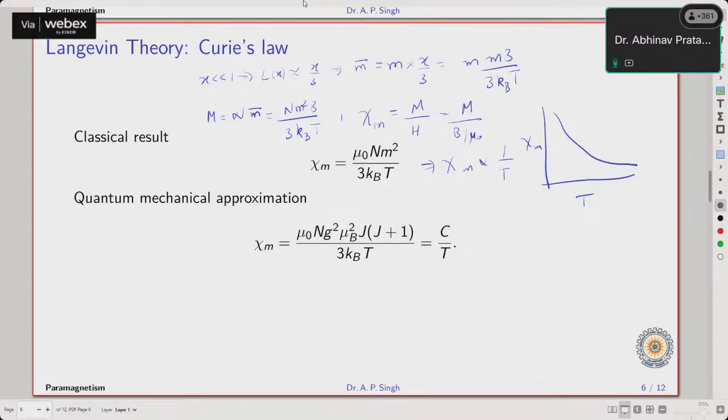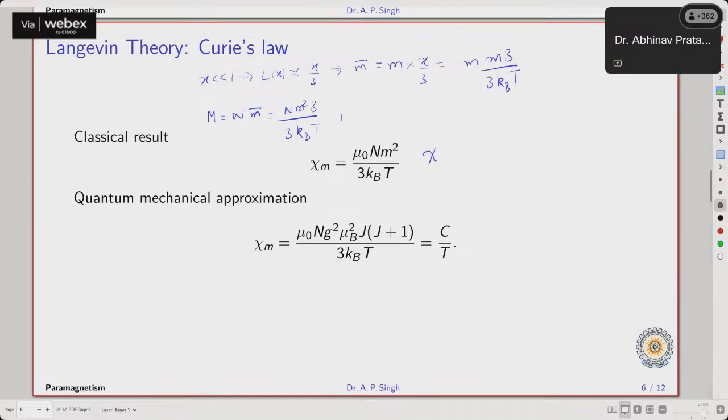Whenever we are writing Curie's law, generally we write it as some constant upon temperature. And what is the value of the constant? This value is equal to everything which is over here except for temperature. That's what this constant C is. So this particular thing is called Curie's law.